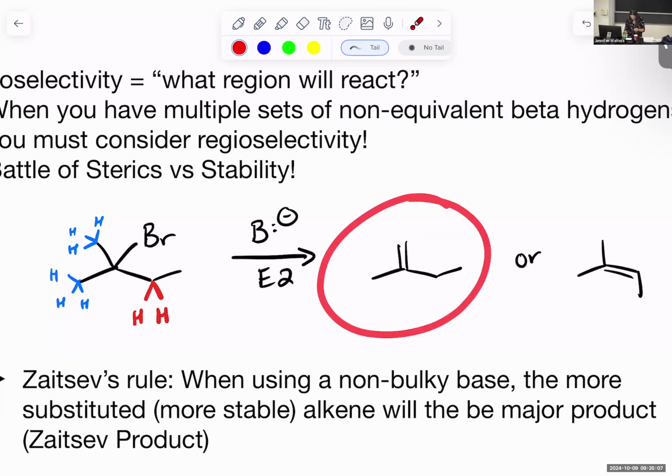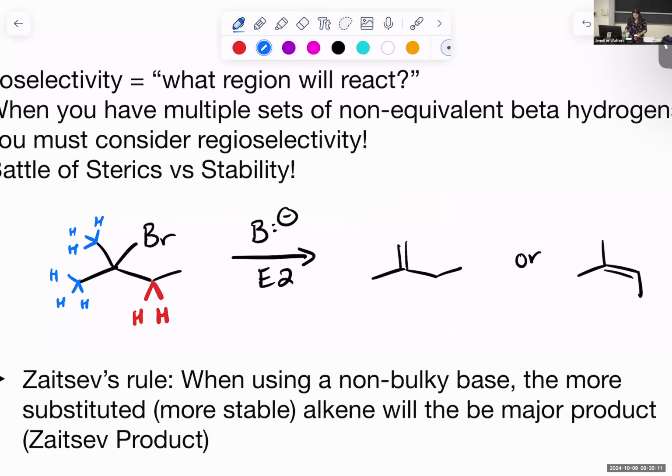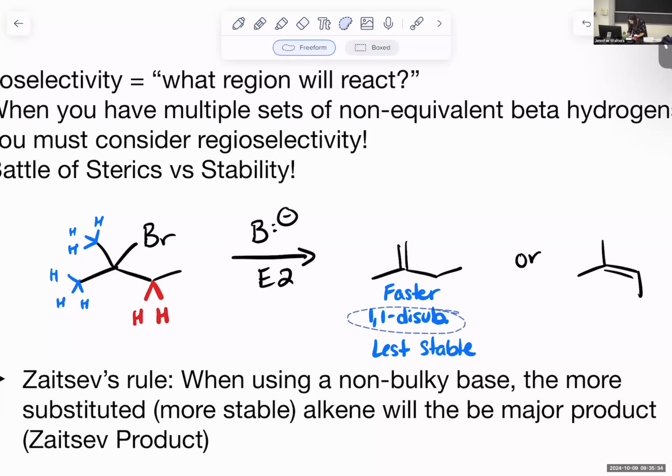Because if I take it from the left, then I'm going to end up with a disubstituted alkene in this case. This is going to be less stable, but it's going to happen fast.